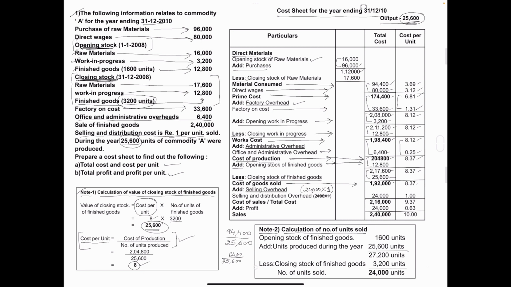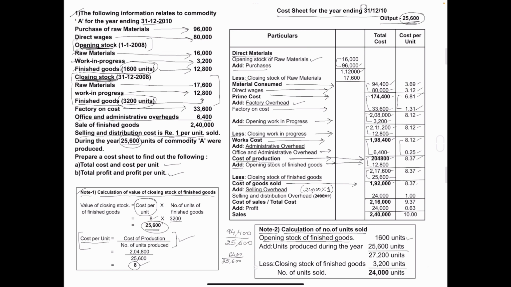In that, first we have to take opening stock of finished goods, here we have to take quantity, which is 1,600 units.